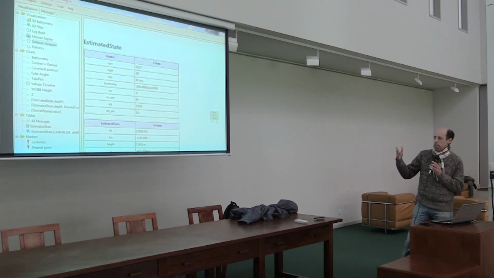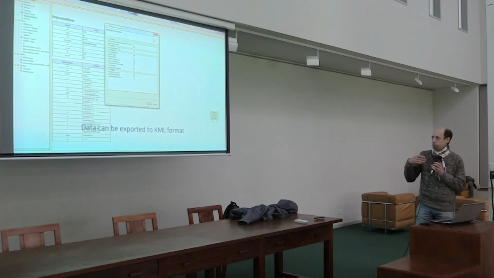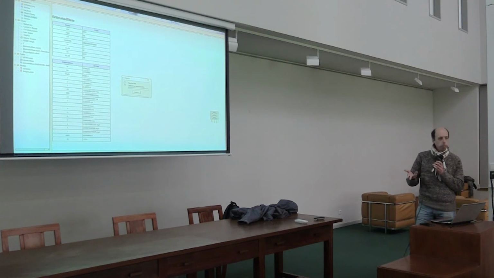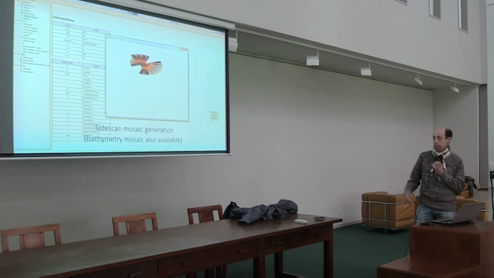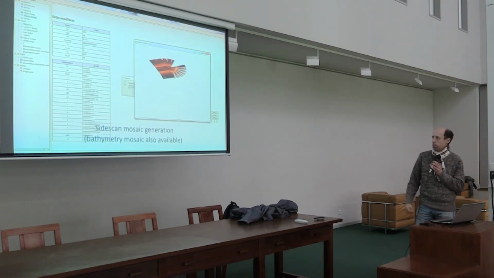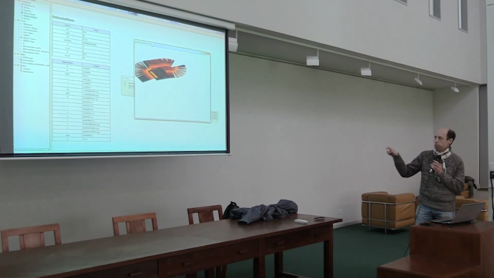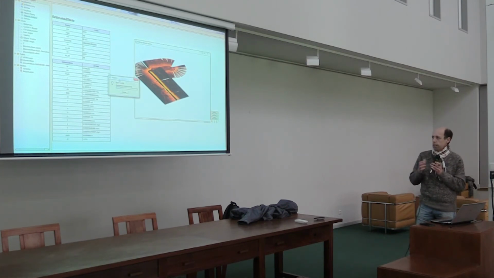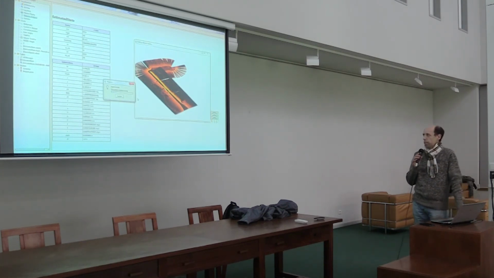You can export to CSV and NetCDF, so there are some exporters that you can use to export the data for further analysis, or, for instance, to give to a client, in this case in KML. So you can see the creation of the mosaic for the side scan, in this case, which will be exported as Google Earth KML.